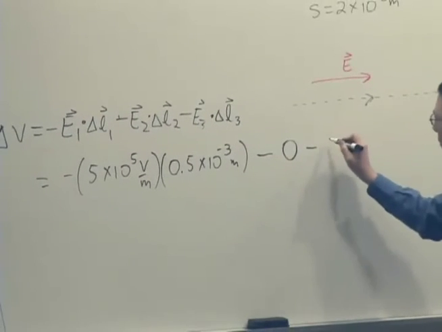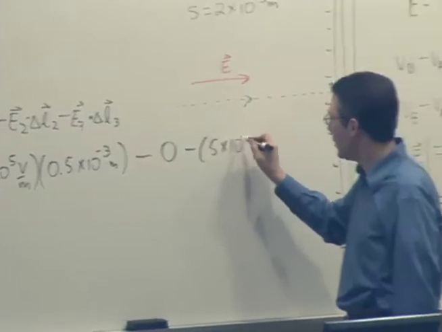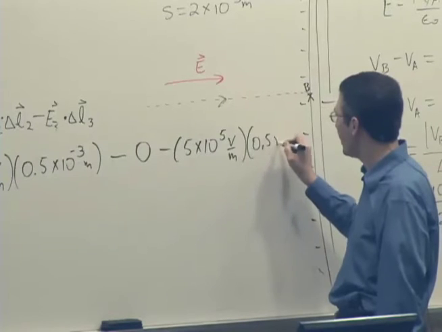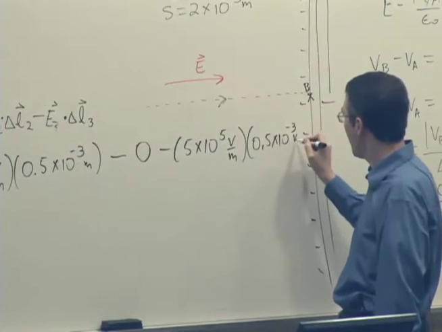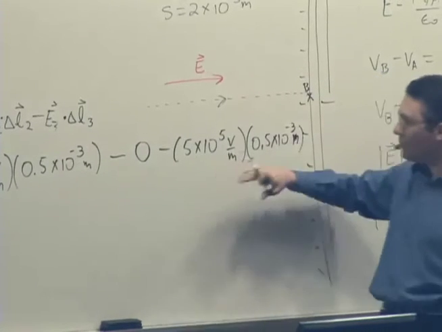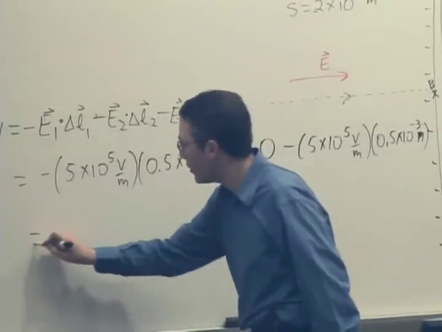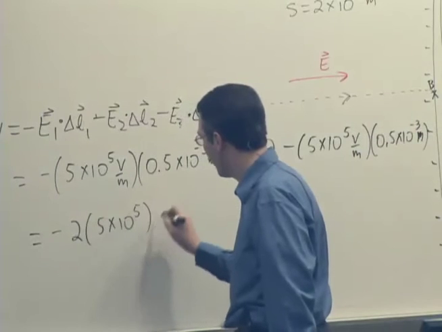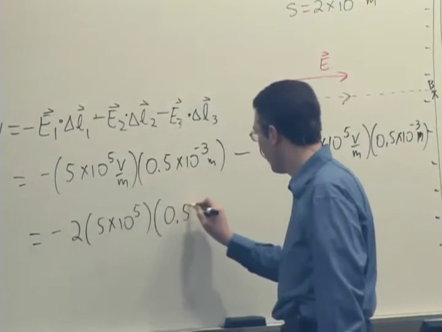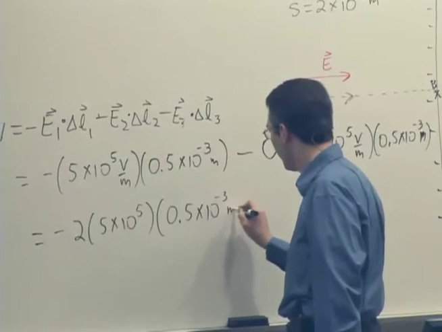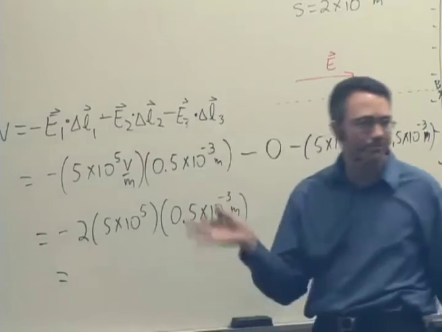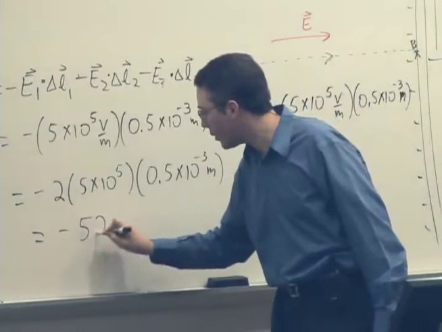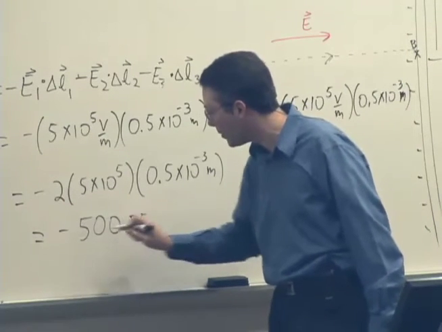And then minus 5 times 10 to the 5th volts per meter times another half millimeter distance. So that's the same, so we can add them up. Just say it's going to be twice that. What do you get? Should be negative 500. Okay, so it does actually reduce the potential difference.